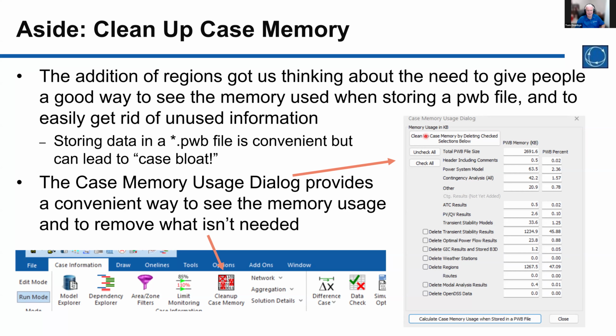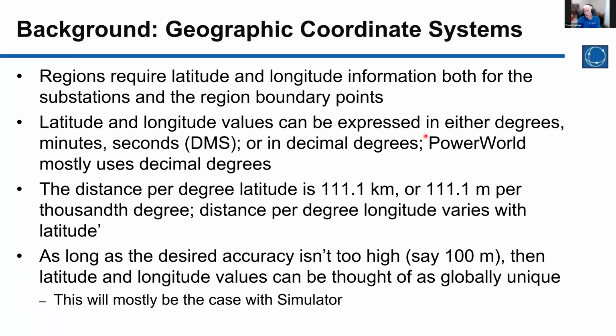It deletes it in the case, but then it's reflected in the PWB the next time that you store it. But I think you'll find this a pretty useful feature. And that's available. I think it's in a pretty recent patch, but you'll have it very soon if you don't have it already. Little bit on regions.